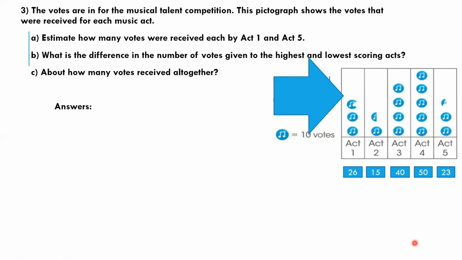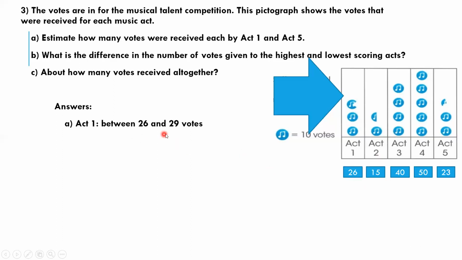We'll start from A part. What is actually the A part? A part says to estimate how many votes were received each by Act 1 and Act 5. We already found the votes that got for Act 1 and Act 5. So it's easy to write the answer. That is, Act 1 is between 26 and 29 votes because it is an estimation.